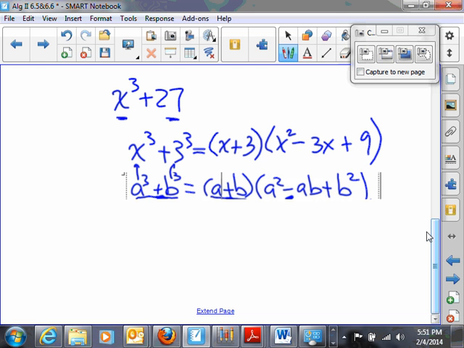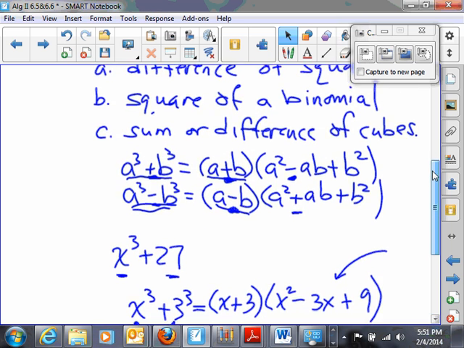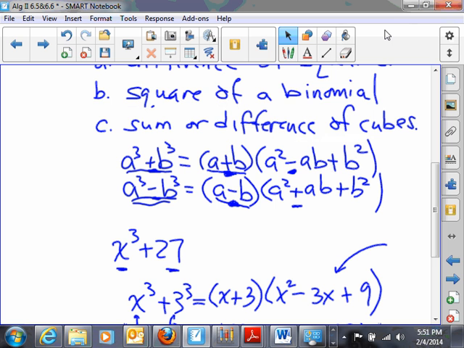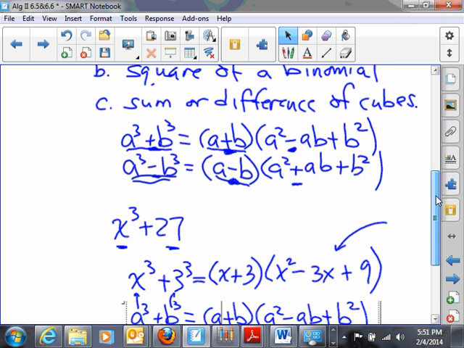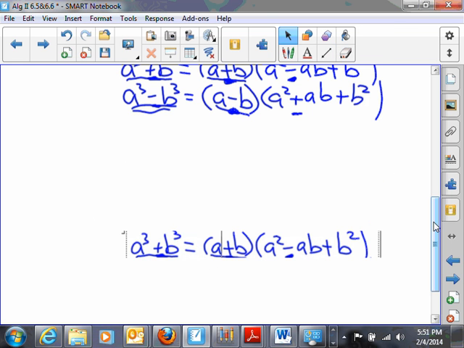Now, there are very seldom cases where this quadratic trinomial is going to factor. So ordinarily, when you get to this particular point, you're done factoring those. So that is the sum and difference of cubes, a very important pattern, and you do need to memorize those. There's no other way that you're going to be able to factor those things.